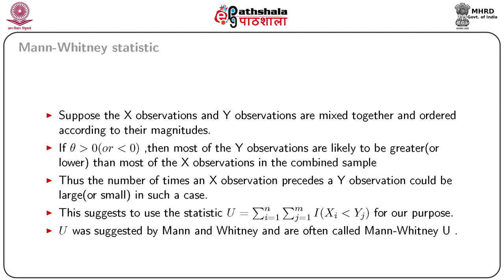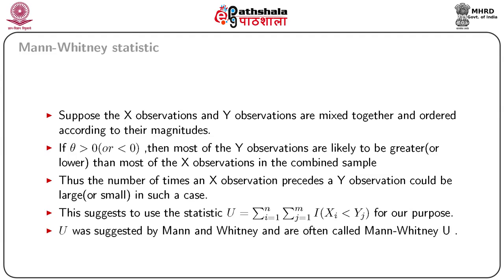Suppose the x observations and y observations are mixed together and ordered according to their magnitudes. We have already observed that if theta greater than 0, then most of the y observations are likely to be greater than most of the x observations in the combined sample, and the converse is true for theta less than 0. Thus, the number of times an x observation precedes a y observation could be large in such a case.